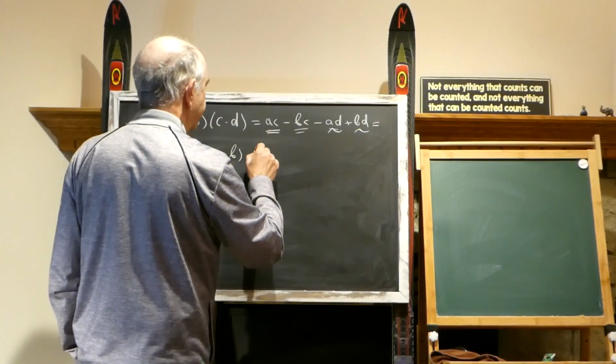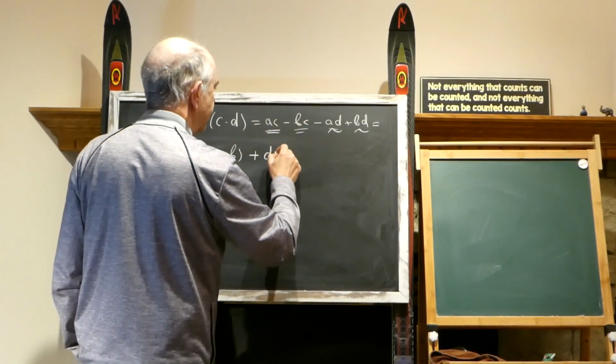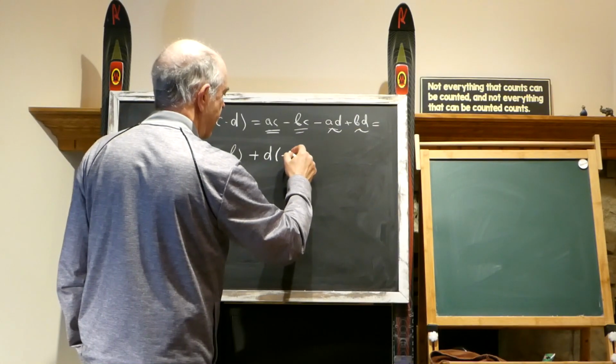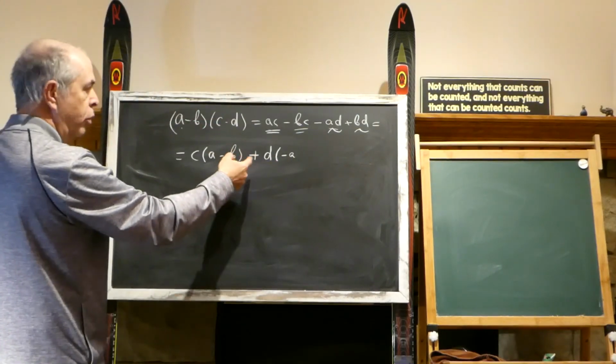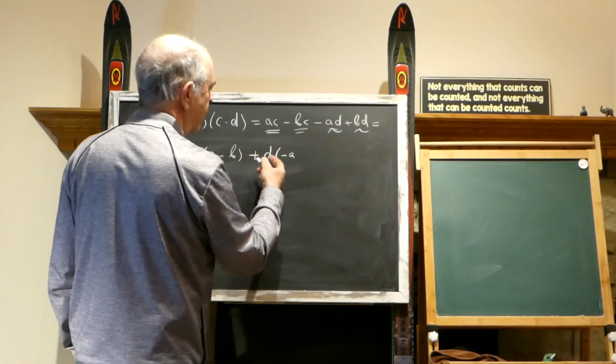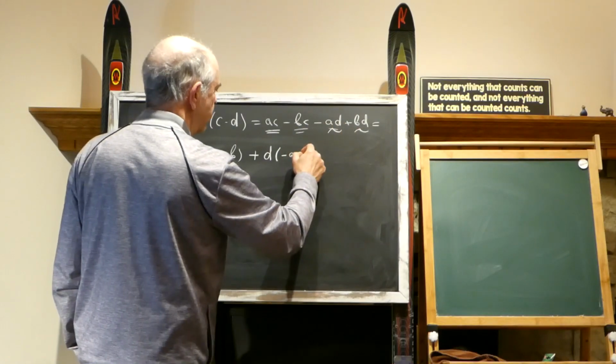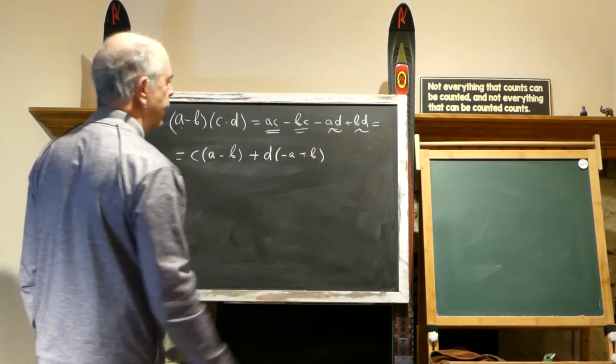And then we have plus, and we have D. D is a common thing, and what's left? Minus A. And you have to be very fluent with these signs. So if I multiply D by A, it would be AD, and the sign would be negative. And here D is out, so it would be B, right?